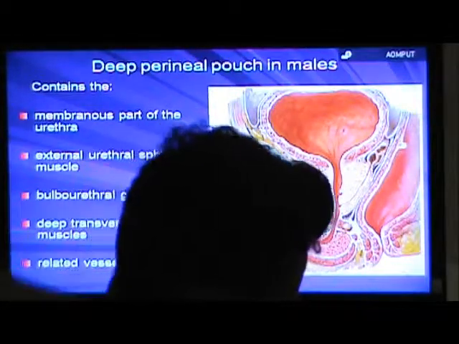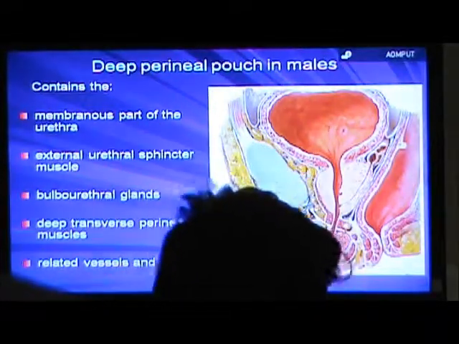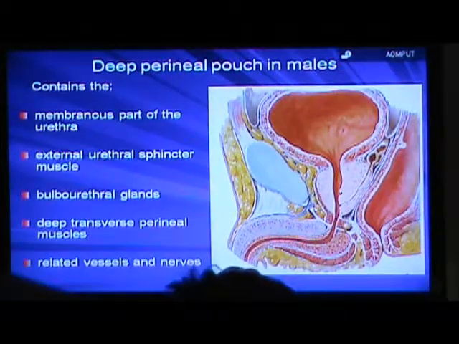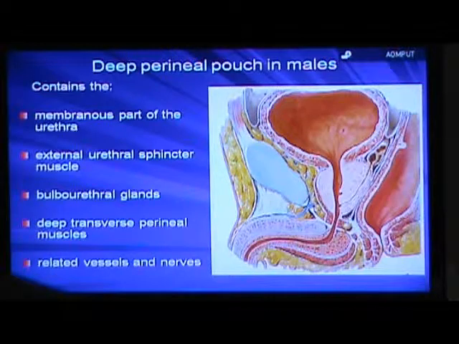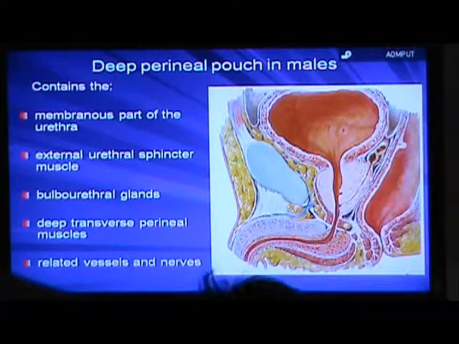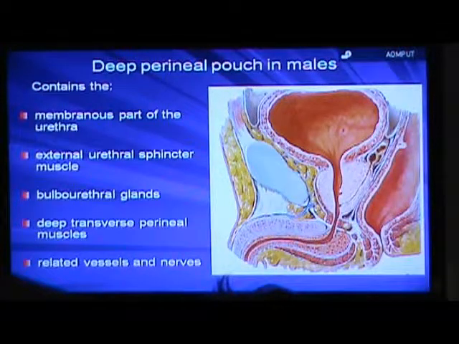But in male it's easier to put a pin into the urogenital diaphragm, anteriorly or posteriorly to this membranous part of the urethra. Of course, you wouldn't see these bulbourethral glands. So this urogenital diaphragm is the deep perineal pouch in males.